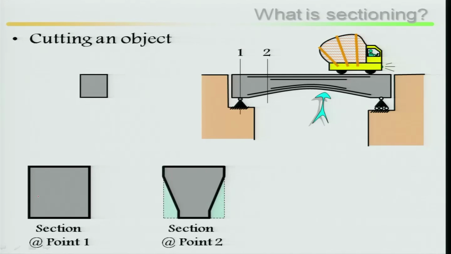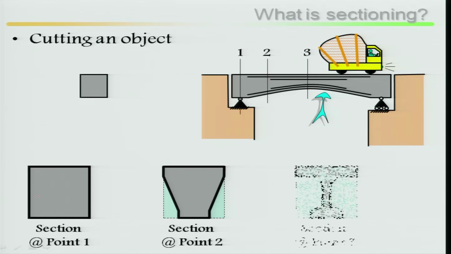Section 2, look at this, how it looks. Then go to section 3. Look how the beam section changes from both ends, simple support or roller or hinge support, from one end to the other, simple rectangular or square section to an I section at section 3.